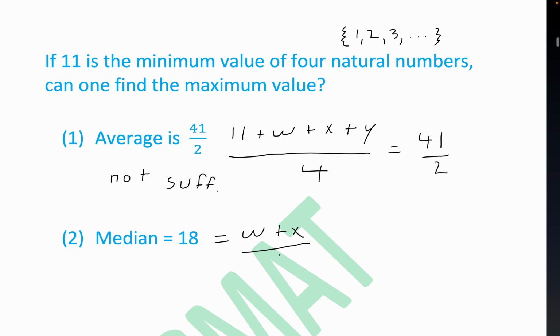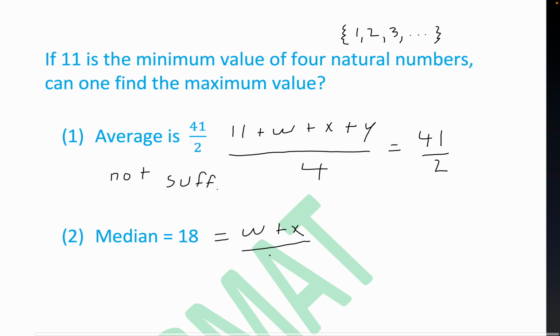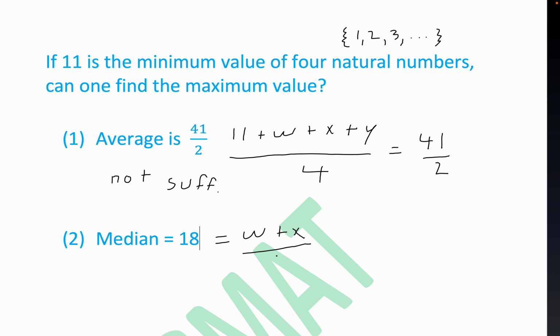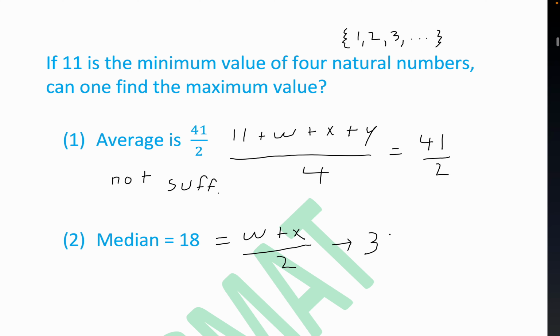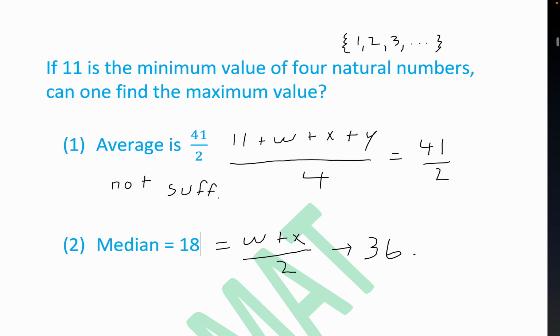Right, now we don't know what W and X are, but if you multiply by 2, 36 is equal to the sum. 36 is equal to W plus X.